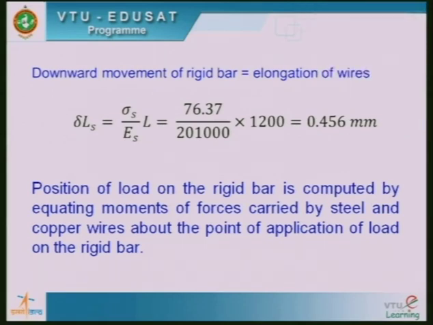If you take the moment of both these forces about the point of application of load, both of them should generate same moment but in opposite directions. See, one is like this, one is like this. This force about this point gives a moment in the anti-clockwise direction. This force about this point gives a moment in the clockwise direction. One tries to rotate anti-clockwise, the other one pulls it back in the clockwise direction, so that it will not rotate.